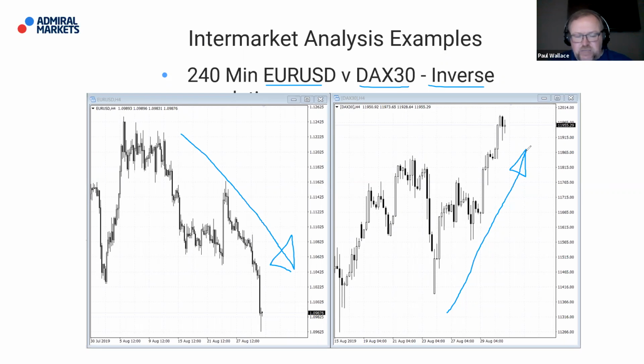So in this particular case, for a couple of years, as the printing presses were run as part of European quantitative easing, the euro was weakened by quantitative easing, but the DAX, the German stock market, actually benefited massively from it.